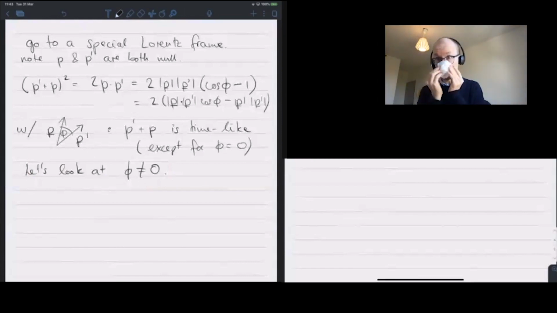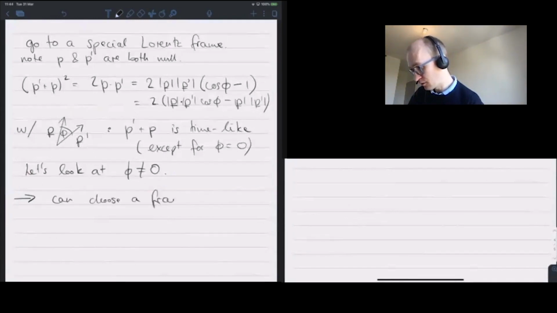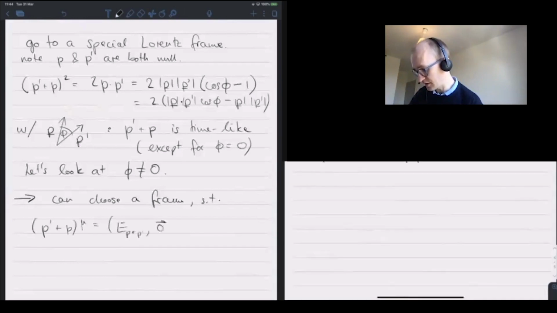So the sum of the four-momenta, even though we have two massless particles, is as if it were the four-momentum of a massive particle. And what can you do for a massive particle? You can go to the rest frame. So we can choose a frame such that P prime plus P has just the zero component, and the spatial momentum is 0, which of course means that the momenta in this frame are back-to-back.